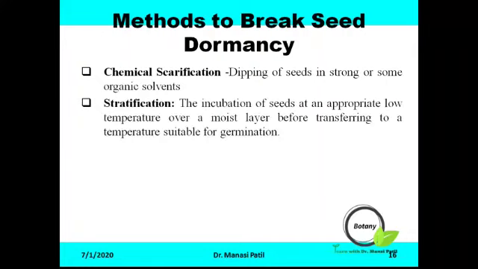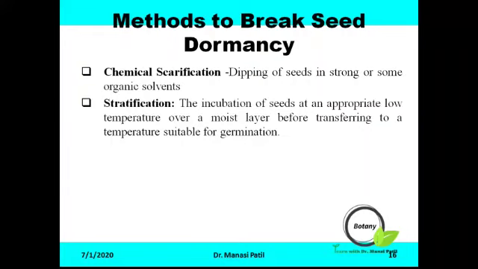The next method is known as stratification. Several seeds, particularly rosaceous species and stone fruits such as peach, plum, and cherry, will not germinate until they have been exposed to low temperature. Thus, stratification is storing of seeds at a low temperature for 5 to 6 weeks over a moist layer.